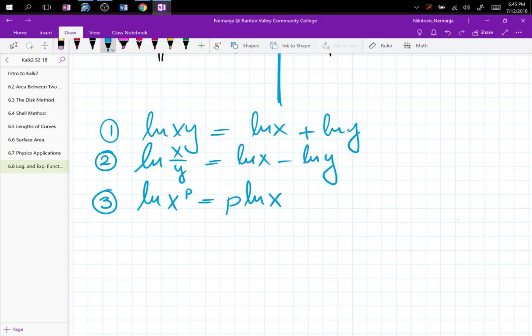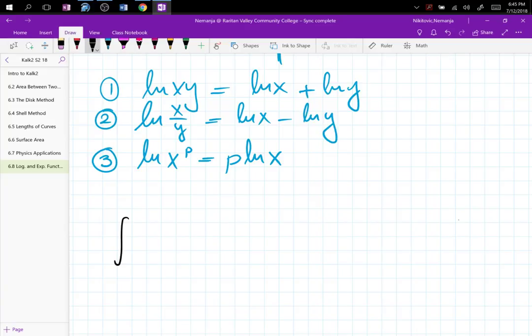So now this allows us to integrate using u substitution some of the problems that might not look like they are ln until you do substitution. For instance, the integral of x divided by x squared plus 9 dx.